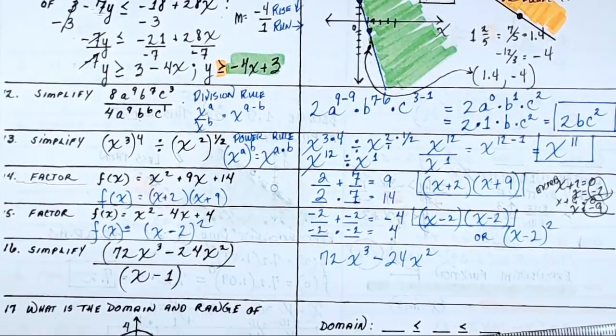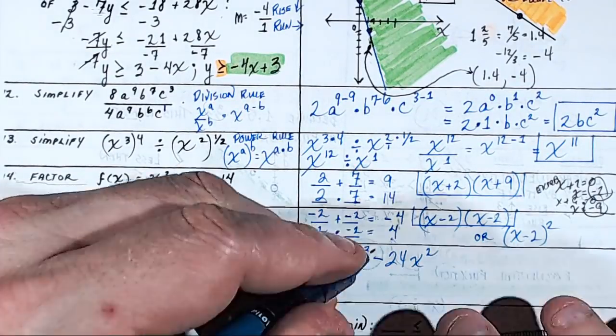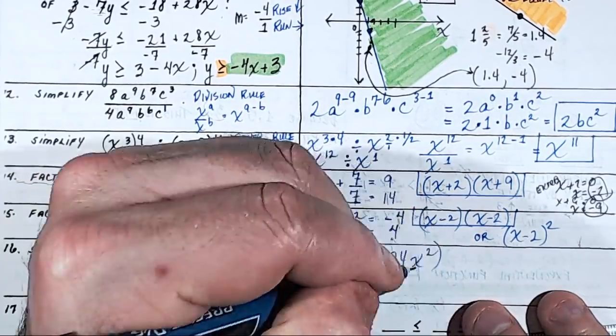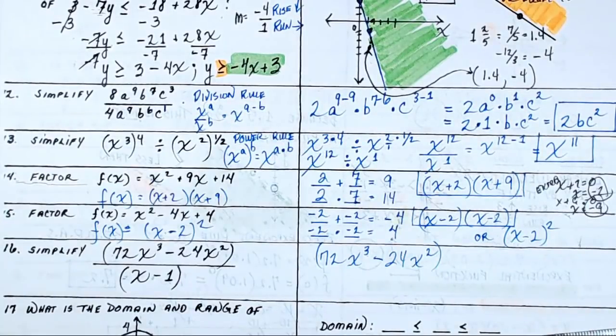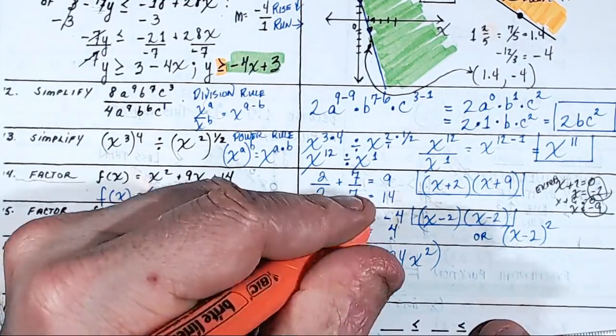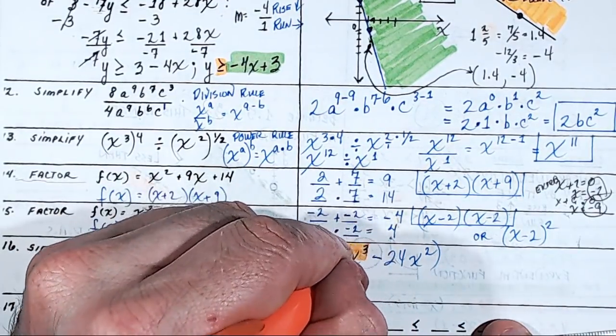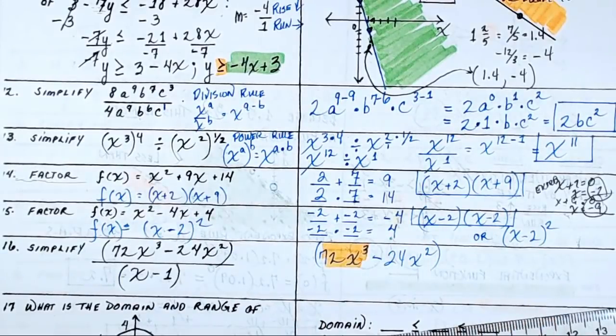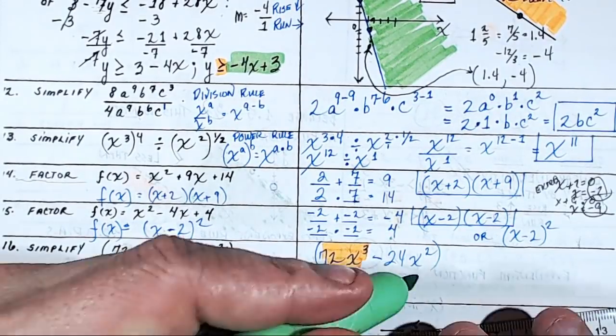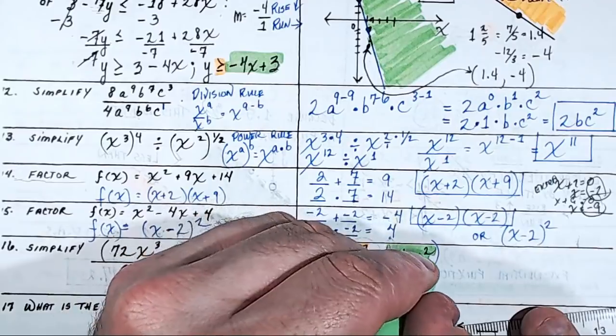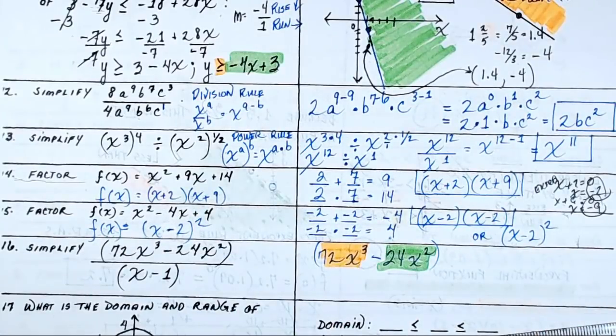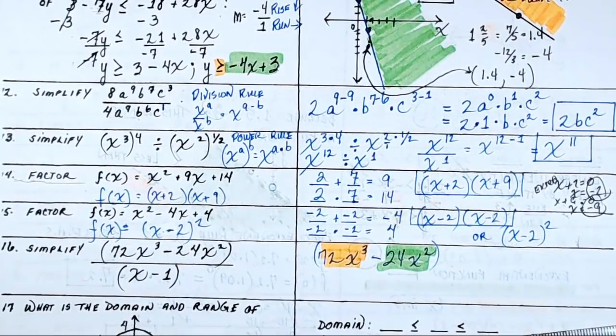Now, we have to think, what can we factor out of this expression? I've got two terms. I've got 72x cubed, and I've got 24x squared. So what can I factor out that's common to both terms?